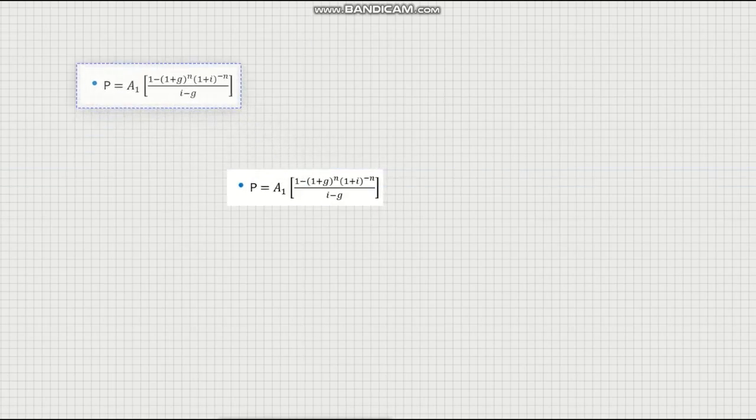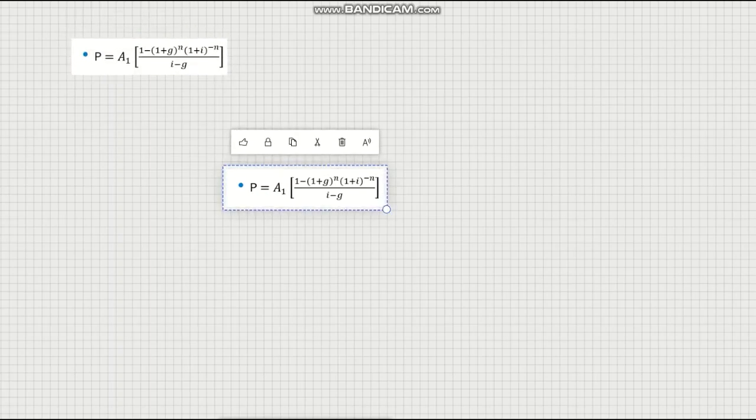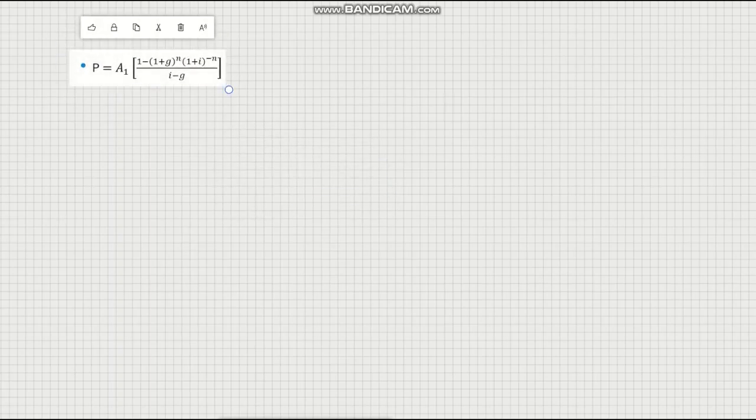We know that the interest rate is not equal to the gradient increase, sorry, that was a mistake. So we will take this formula, not the other one, which is for i equal to g.